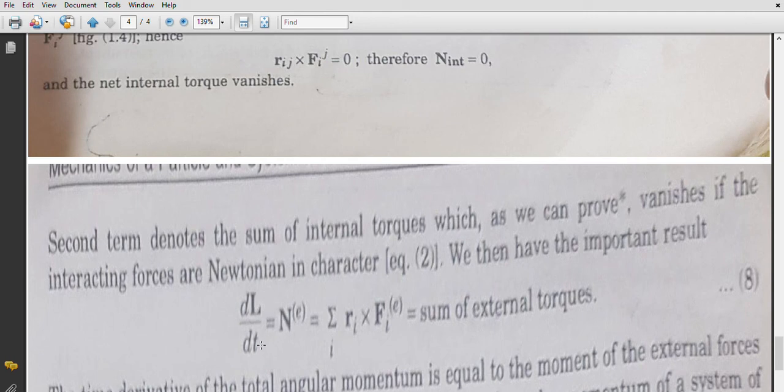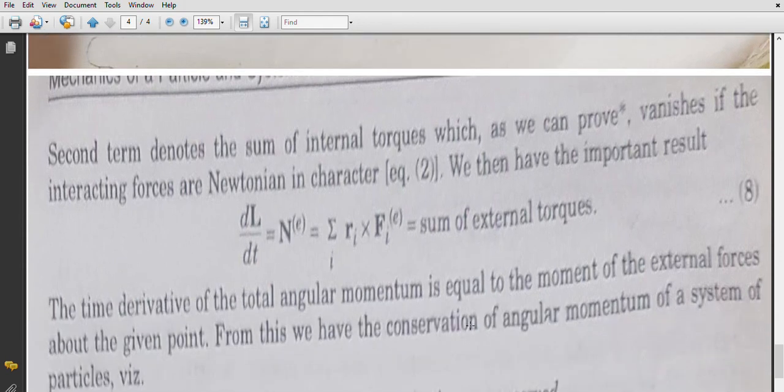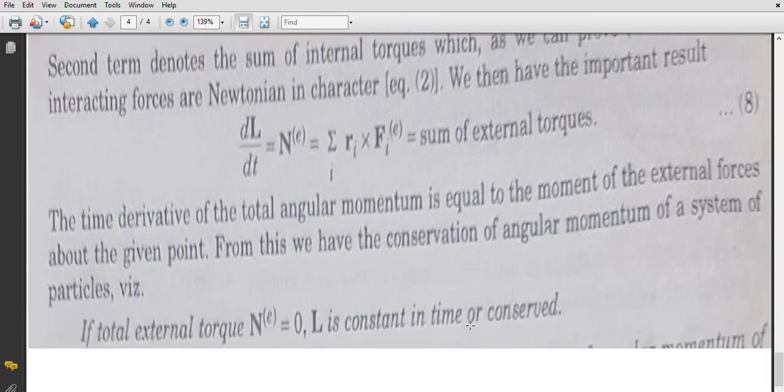Hence dL upon dt is equal to the sum of external torque. So here we can derive the law: when external torque is 0, the angular momentum of the system will be conserved. Hence N external is 0, and L is constant in time, or conserved.